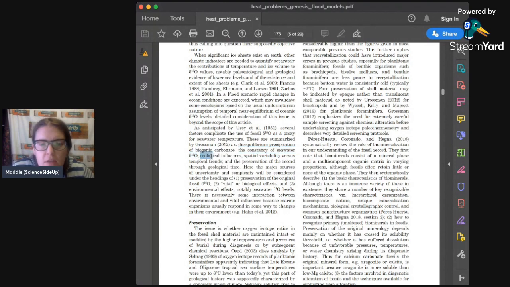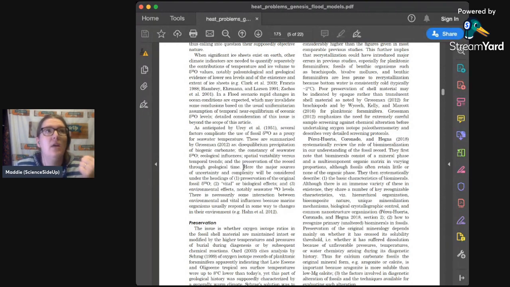Okay. Ecological influences, spatial variability versus temporal trends, and the preservation of the record through geological time. Cool. And again, every data set has problems. Pointing out even real problems with a data set doesn't mean that data set isn't the best we have.